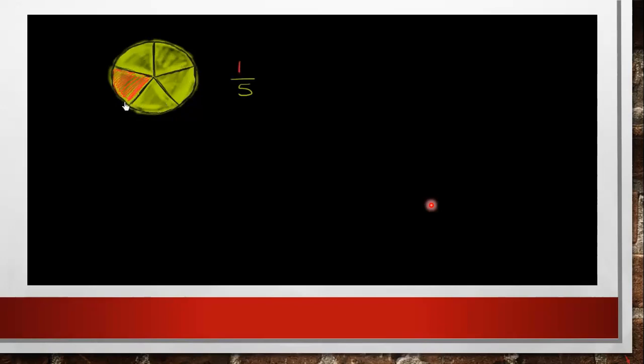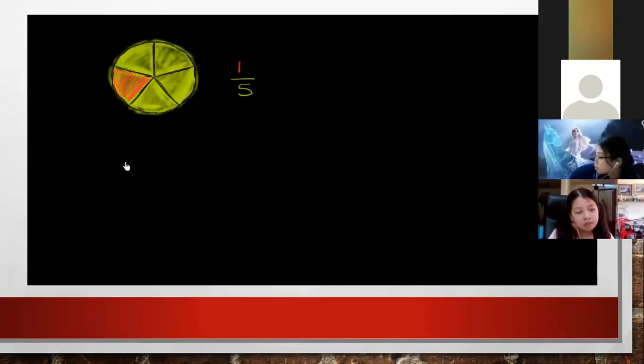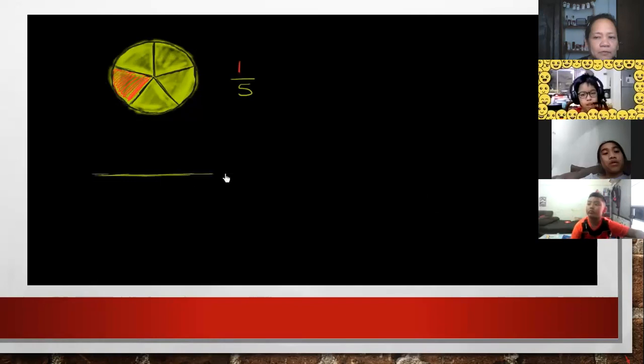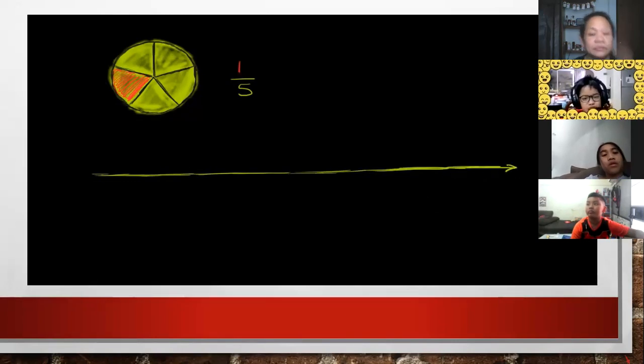We can do the exact same thing on a number line. Everything we've been doing so far has to deal with shapes, but we can do the exact same idea on number lines. Let's say that this is 0, this is 1, this is 2, of course, 3, 4.